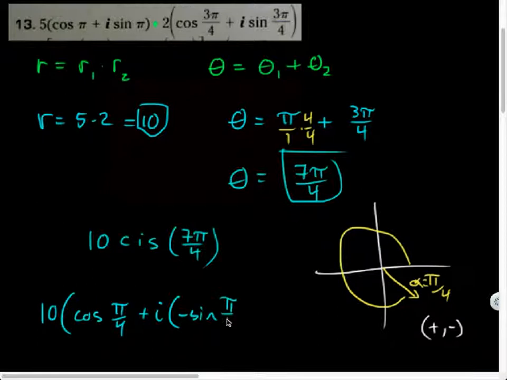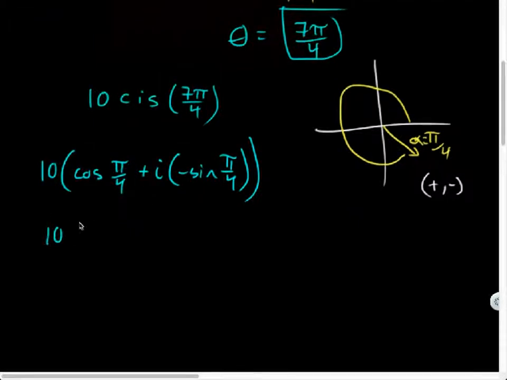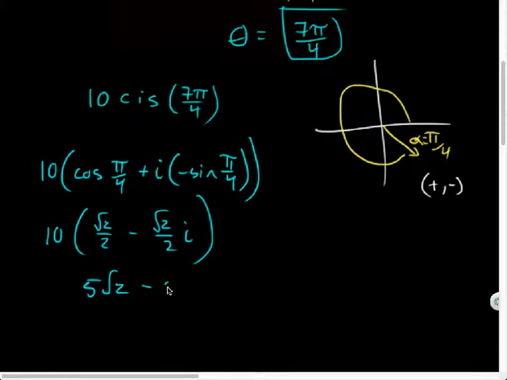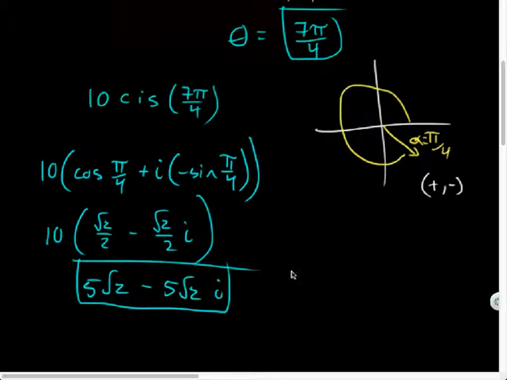And now what I can do is 10 times cosine pi over 4, root 2 over 2, and minus root 2 over 2 of I, and then distribute, so that's 5 roots of 2 minus 5 roots of 2 I. There's my rectangular form of A plus B I, right there coming at you.